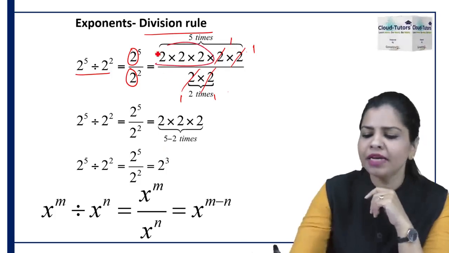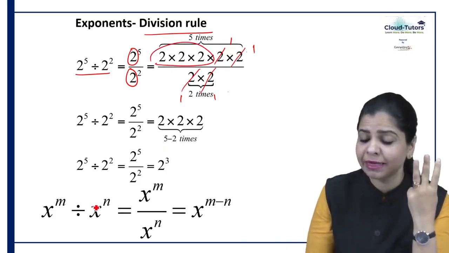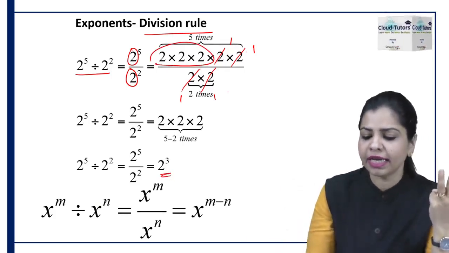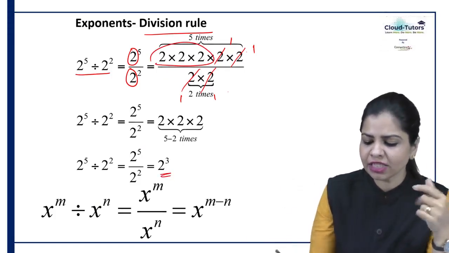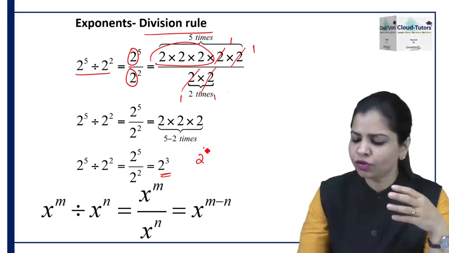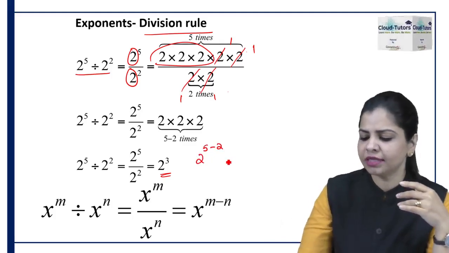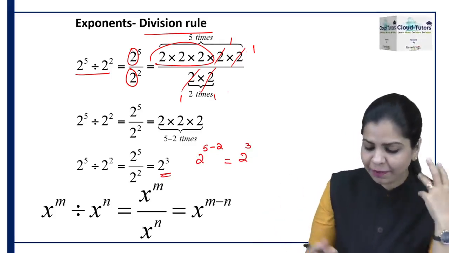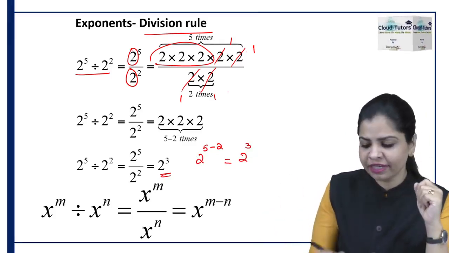How many 2s am I left with? 3 times. So your answer is 2 power 3. Instead of doing that, can I not just subtract 5 minus 2 to give me 2 power 3? Simple, isn't it? So that brings me to the next law, the division rule.